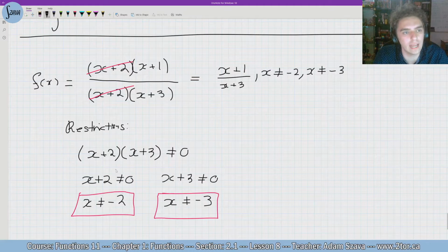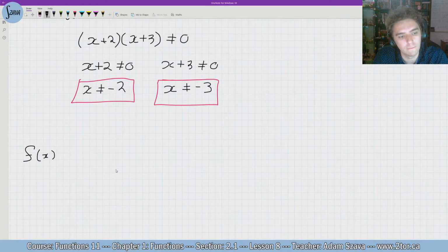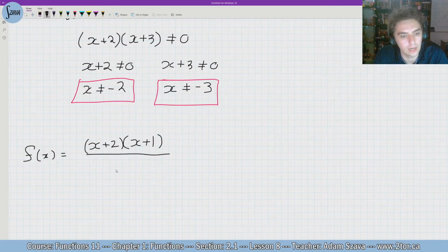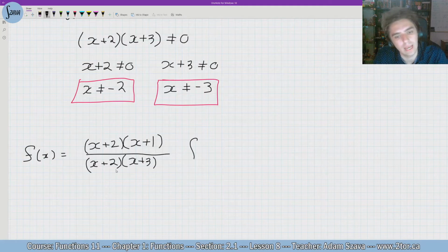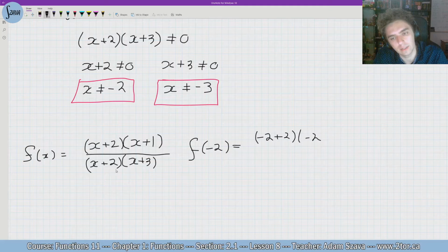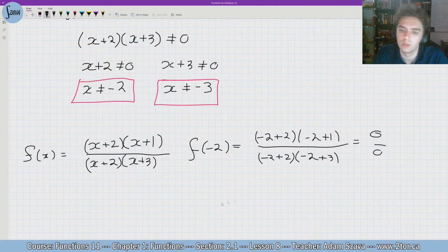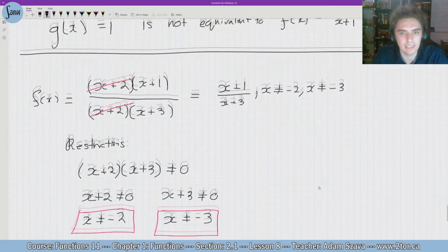If I look at our original f of x, which was (x plus 2)(x plus 1) over (x plus 2)(x plus 3), and I took f of negative 2, well, that would be (negative 2 plus 2)(negative 2 plus 1) over (negative 2 plus 2)(negative 2 plus 3), that's 0 over 0, which is a number that doesn't exist. Negative 2 plus 2 is 0, so it would be 0 times that over 0 times that. It'd be 0 over 0, a number that doesn't exist.